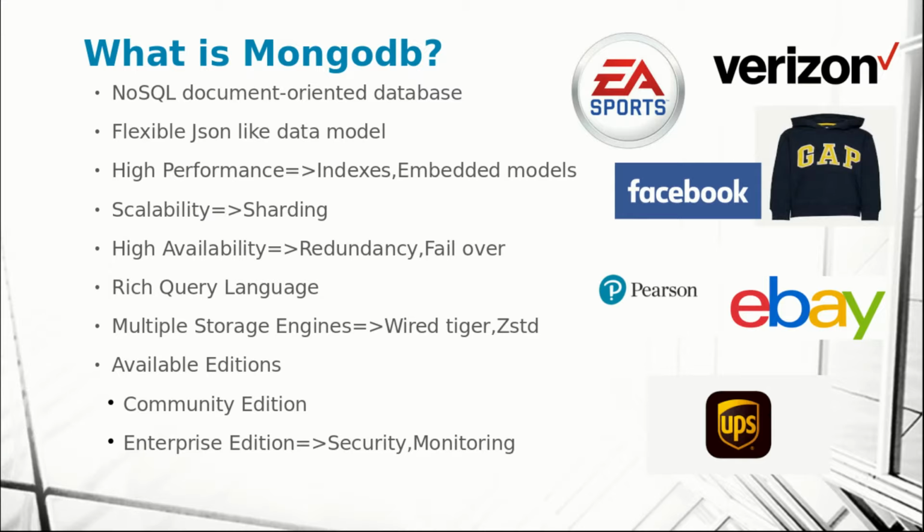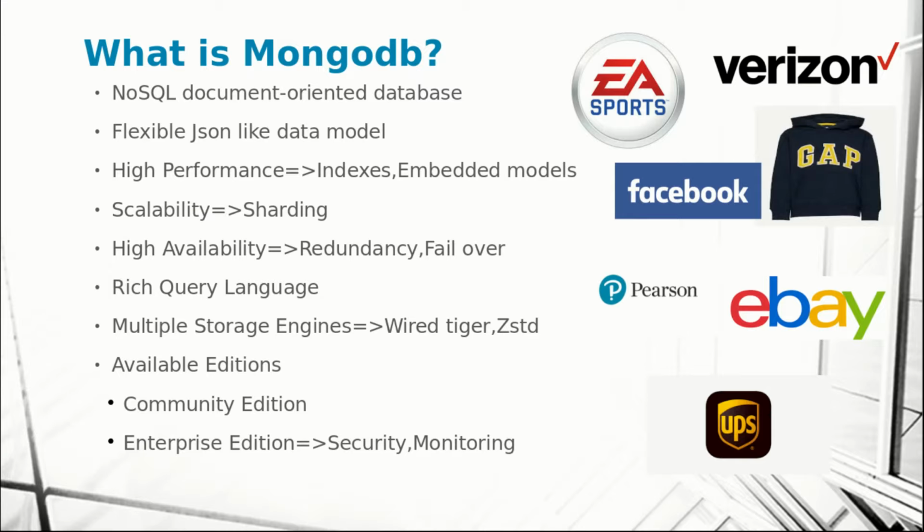Okay, and MongoDB comes with several editions. Community edition, which is free of charge, and you can use community edition in your production environments as well. And you have enterprise edition, for which you need to pay for your subscription, and you need to buy that database from MongoDB, right?